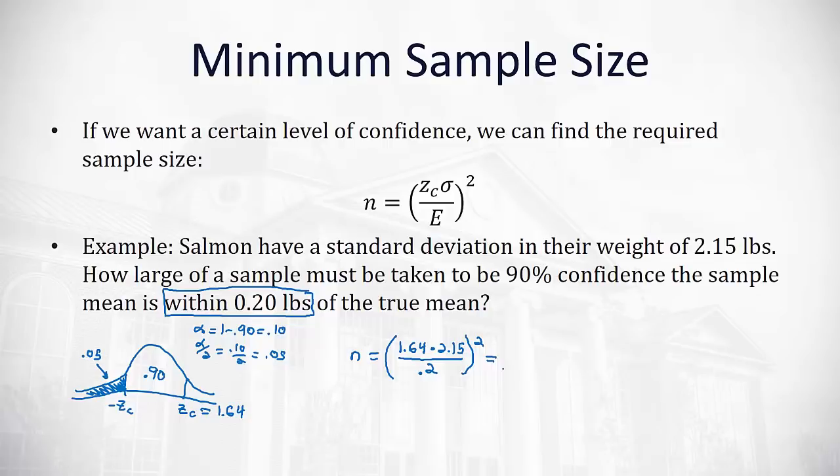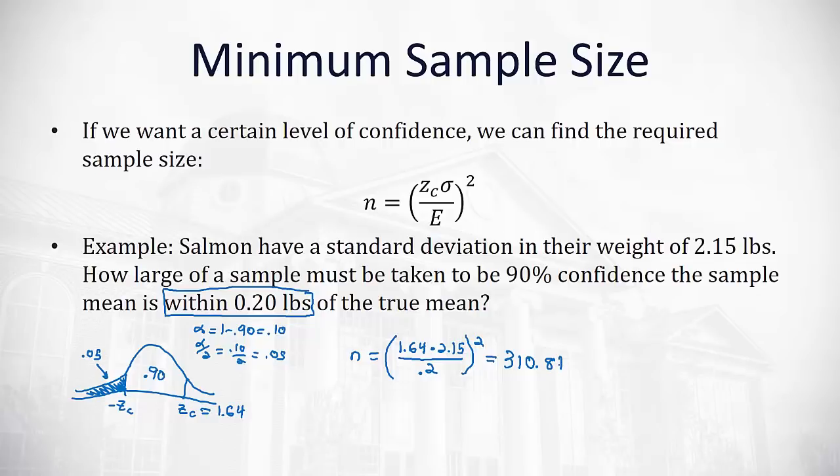Typing this into our calculator should give us the minimum sample size that we need to get within 0.2 of the actual mean. So 1.64 times 2.15 divided by 0.2, and then we take that number and we square it, we'll end up with 310.81.